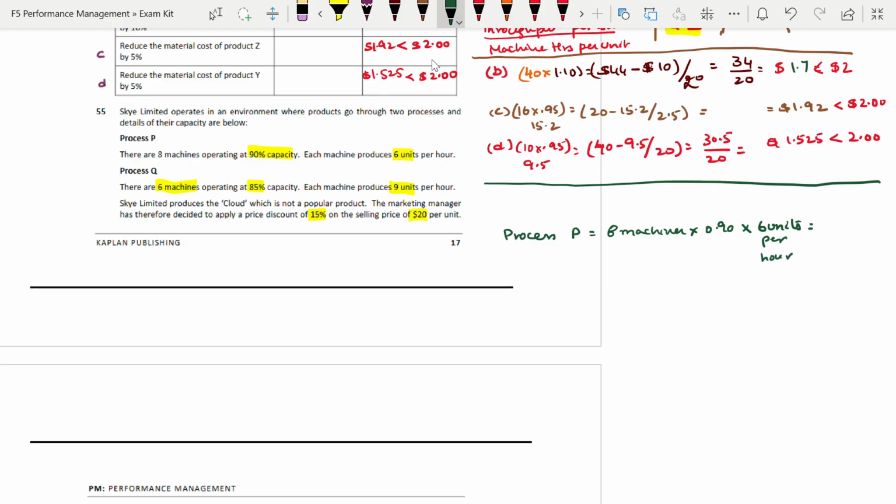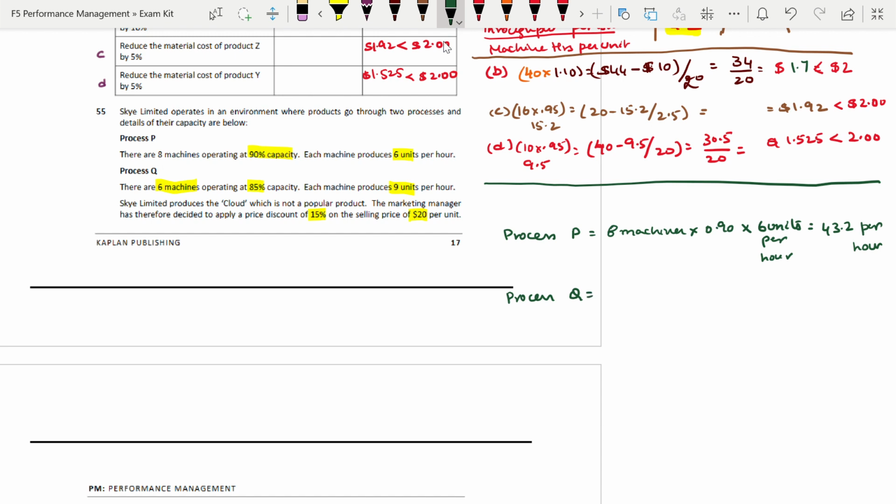Everything is per hour. How much will you get? 8 times 0.9 times 6 is 43.2 per hour.